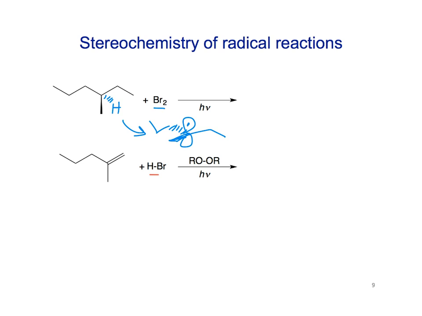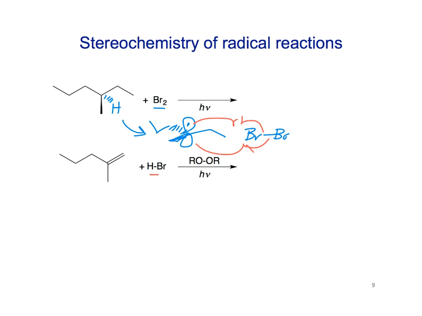In the last step, bromine reacts with the radical, and because this is planar, it can react either on the top or on the bottom.